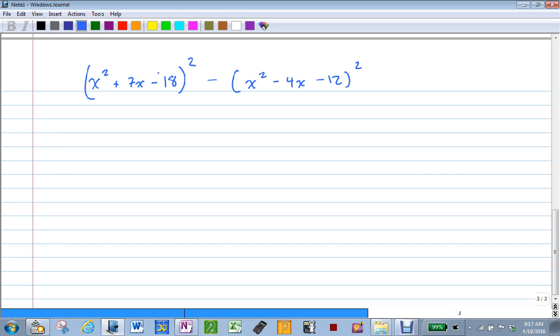Okay. What would you do, James? Same thing. I find the GCF. The second trinomial has no GCF. There's a 4 there and 4 works there, but that doesn't work here.